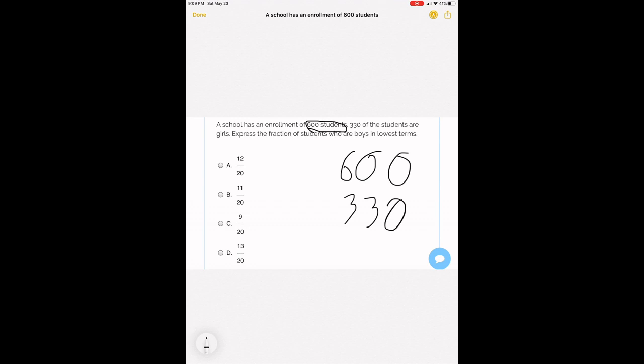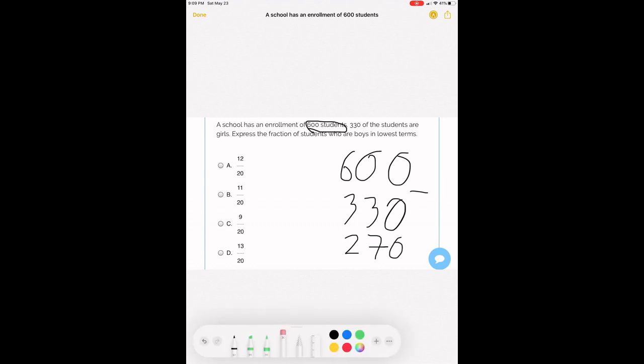Okay, so what we gotta do is find out how many boys are learning in this school, right? So we just got to put the 600 and subtract 330, so it's equal to 270.